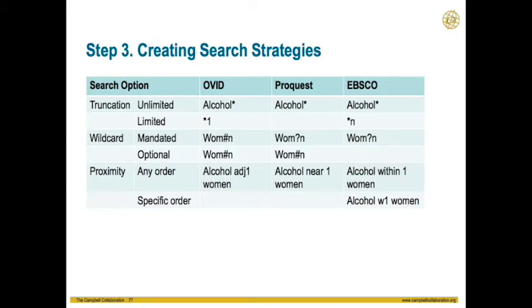Sometimes you can use wildcards as well, and that can be useful if you've got British versus American spelling, like randomized with a Z versus an S. And then some databases also have these proximity searches. So I want to find the word alcohol near women, and that has to be within one word of it. So those can be useful as well. But we'll go through PubMed, which I think is probably one of the easier databases to search in and the most flexible.